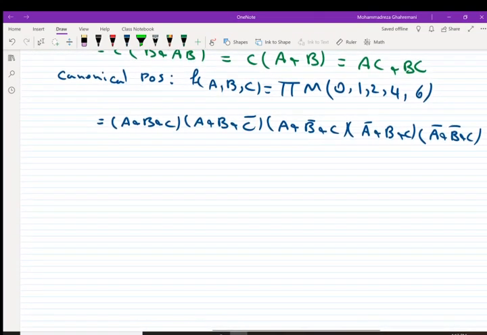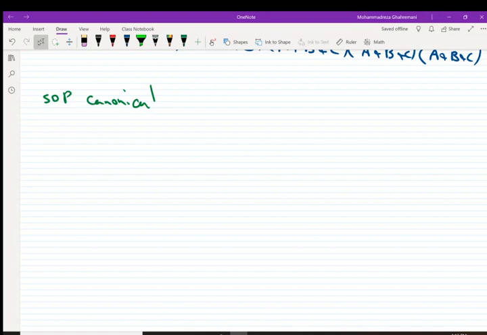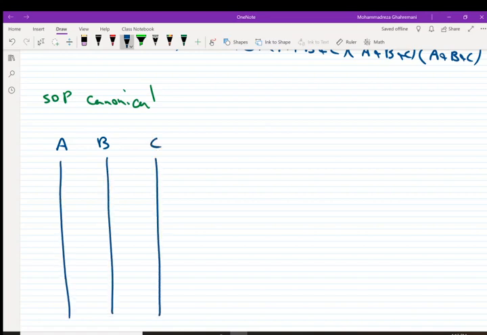First, sum of product. The first one is sum of product canonical. The circuit is in this form. We will have A, B, C, these wires.